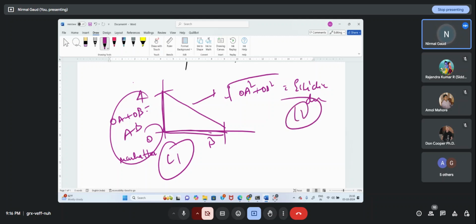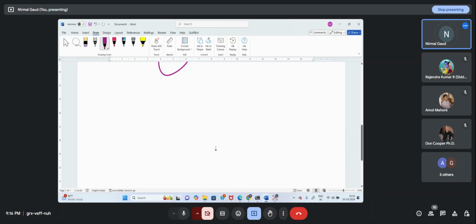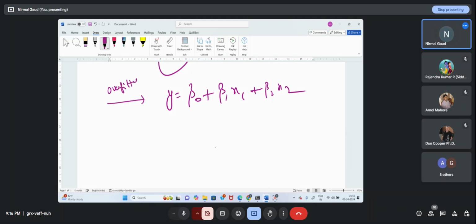In what context? In this context: if you are having an equation y equals beta naught plus beta 1 x1 plus beta 2 x2, and if this is an overfitted model, for L1 you can take the sum of the coefficients.